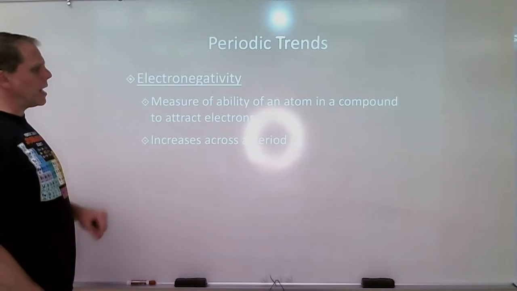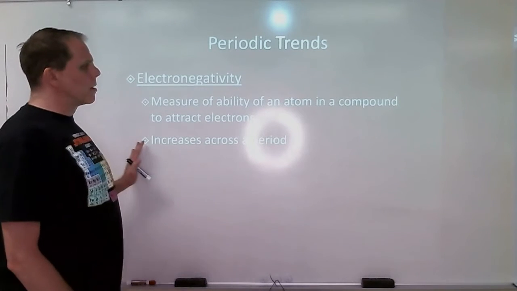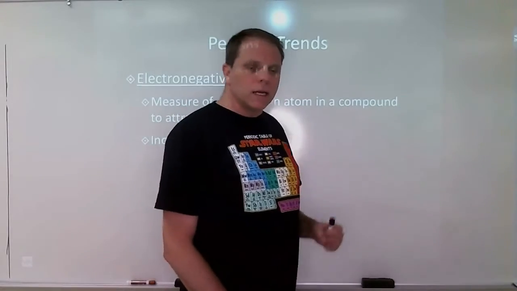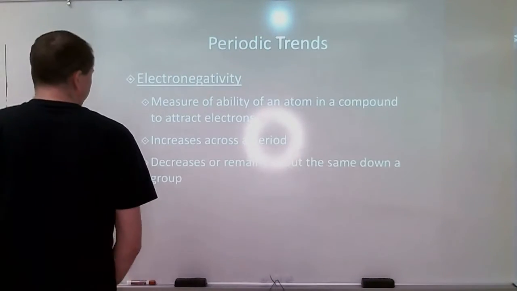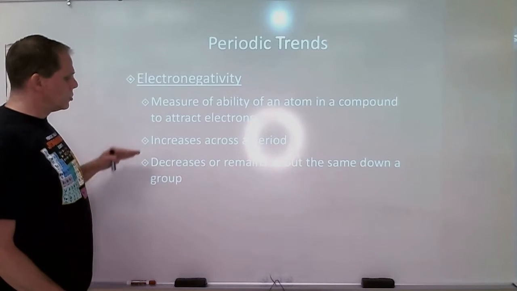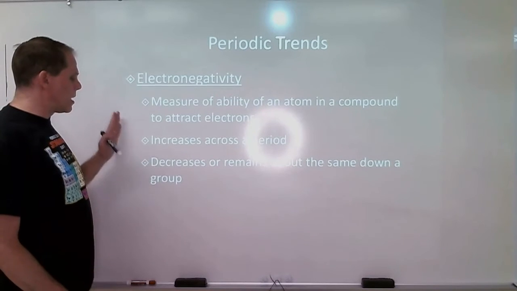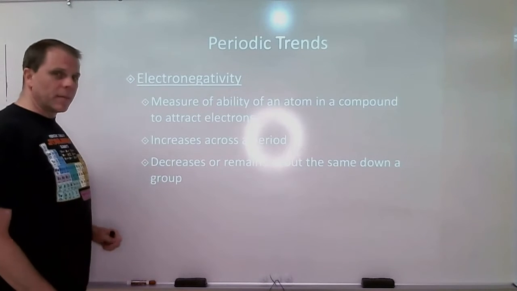Well, what's going to happen is it's going to increase across a period. You're going to end up getting greater and greater ability to pull electrons closer to yourself as you go further to the right of the periodic table. And as you go down in a group, as you're looking down that family, it's going to decrease, or it might remain about the same.